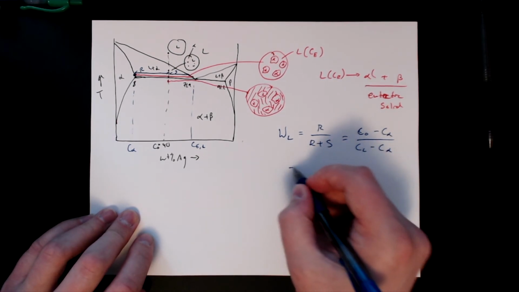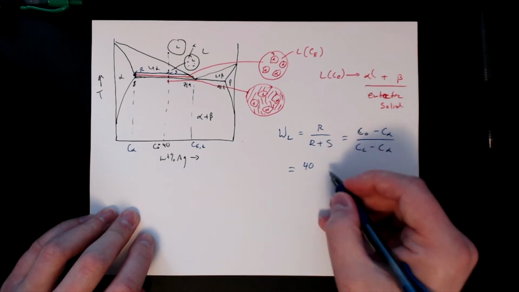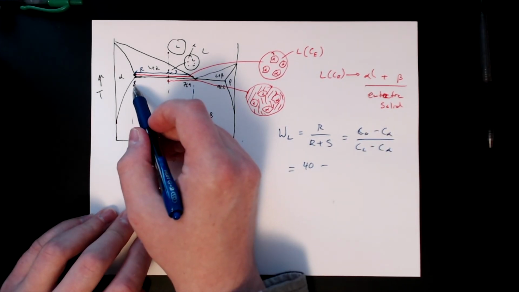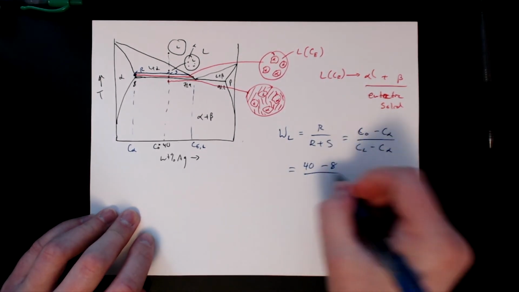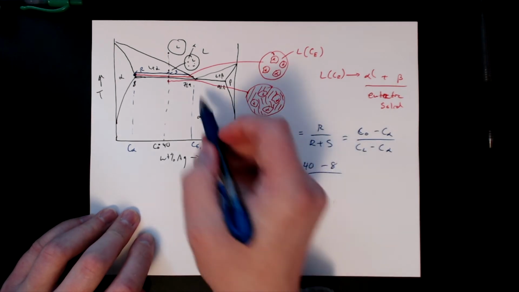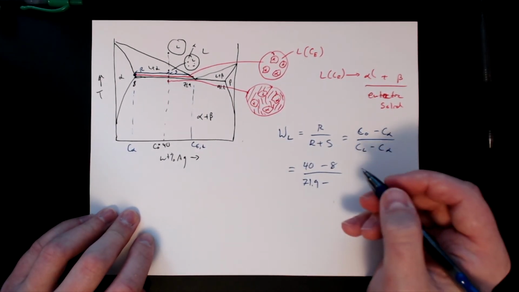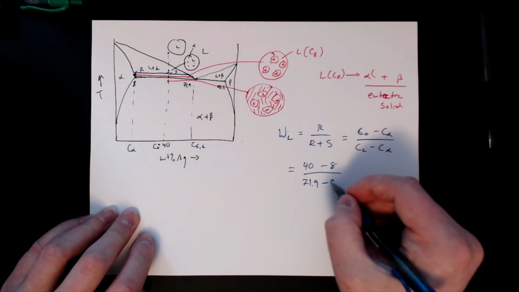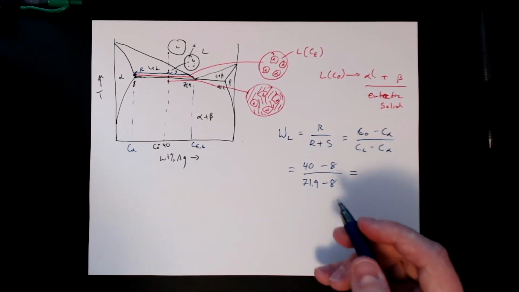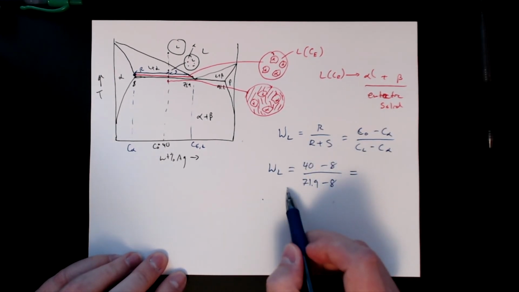Those numbers are 40 weight percent for our alloy, and alpha is the composition over here, which is 8. Then we have this over the liquid, which is the eutectic composition here, 71.9, minus alpha, which is again 8. If we plug that in, we'll get the weight fraction of liquid.